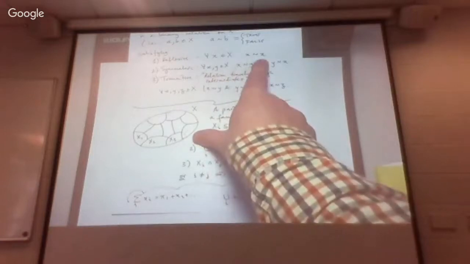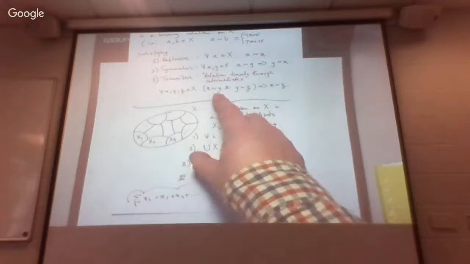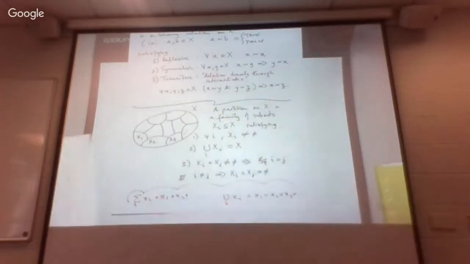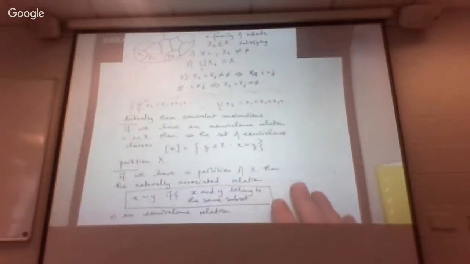Everything is related to itself, relations go both ways, and relations go through intermediates. Any questions about those definitions? So it's just a whole load of definitions.